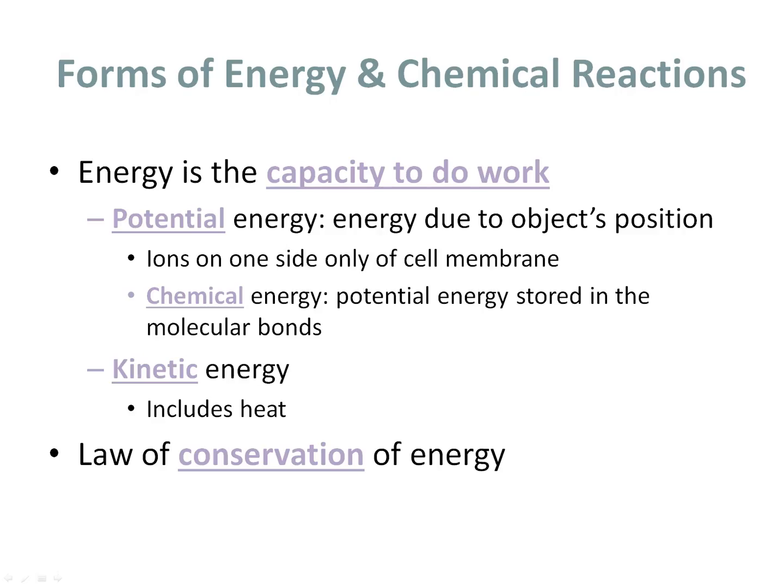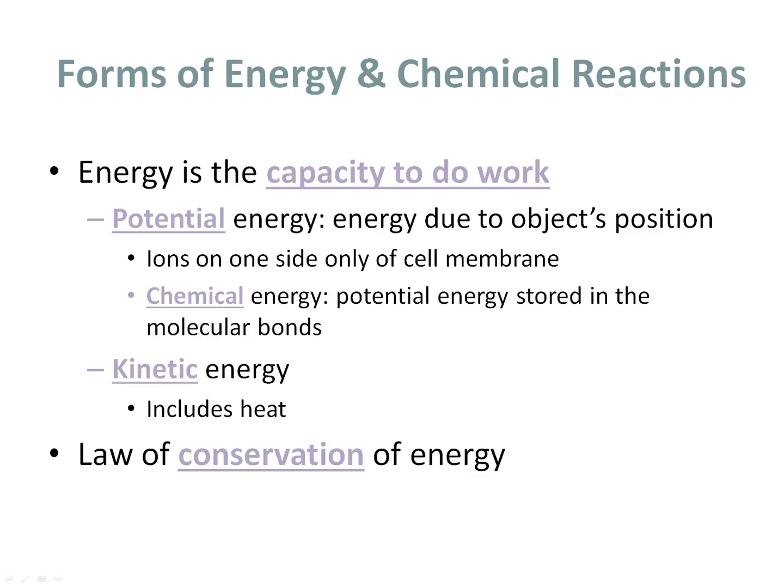Energy is the capacity to do work. So potential energy is energy due to an object's position. For instance, ions on one side of the cell membrane have potential energy because they want to get either in or out of the cell. So sodium really wants to get into the cell, so it has potential energy.